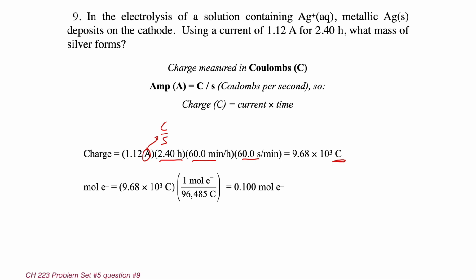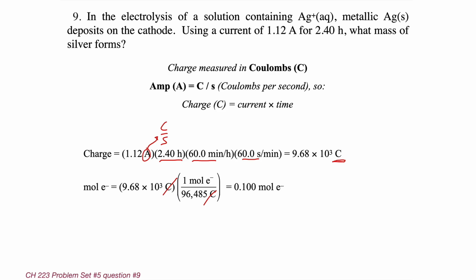So notice how we start with coulombs. We'll divide by the Faraday to make the coulombs cancel. We're going to have then so many moles of electrons. So in that 2.40 hours, we transferred 0.100 moles of electrons to the solution.